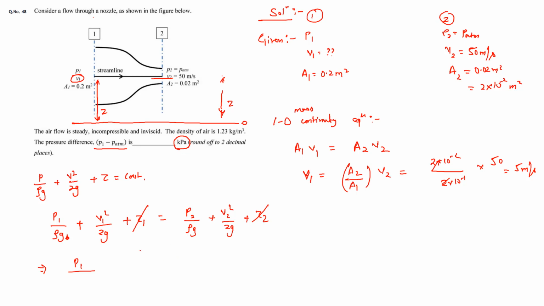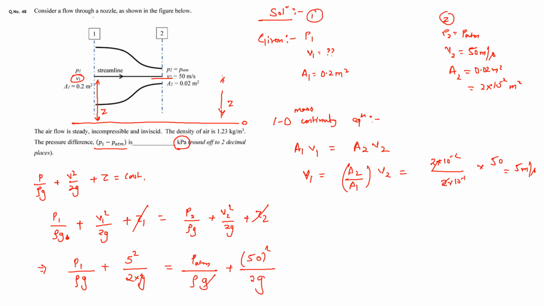But okay, for people who are still not able to solve it, let me go through this calculation once. This is P1, and let's keep writing it as rho g for the time being. And V1 we have just calculated is 5, so this will be 5 squared over 2 times G, and P2 is P atmosphere over rho times G plus V2 is 50, so this will be 50 squared over 2G.